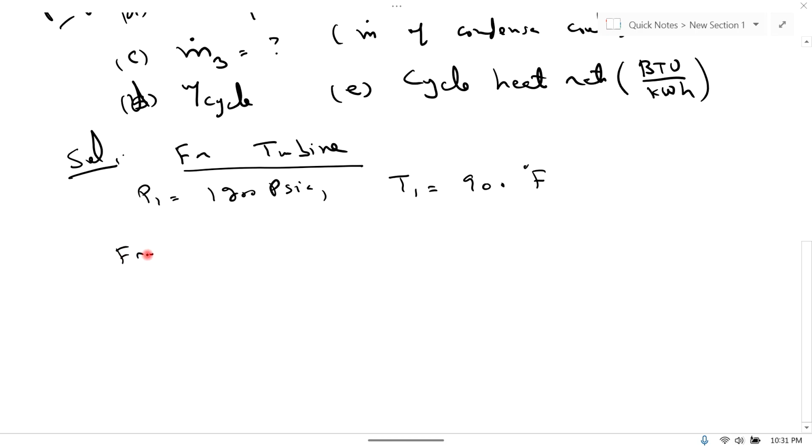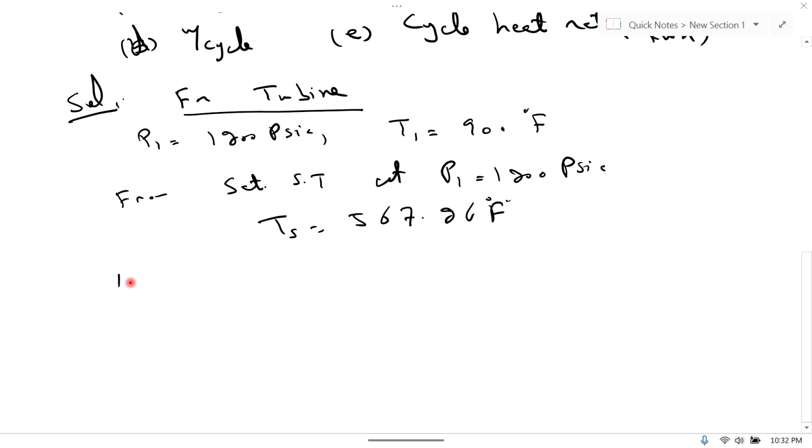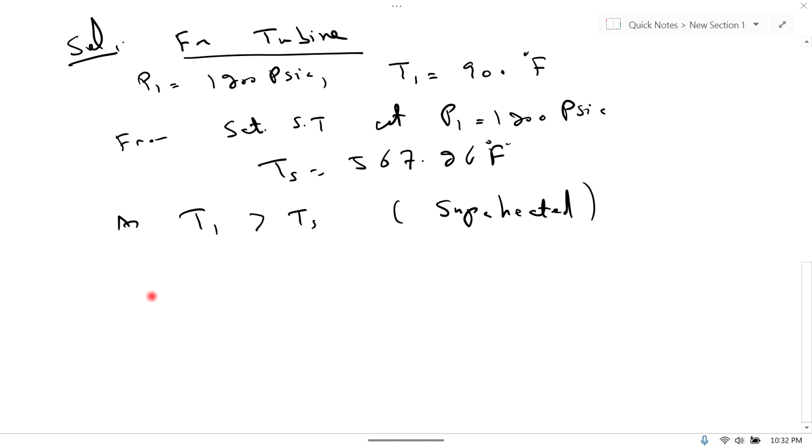So from the saturated steam table, at pressure P1 equal to 1200 psi, saturation temperature is 567.26 degree Fahrenheit, and the temperature given to us is 900, more than this. T1 is greater than Ts. It means that the entrance stream of the boiler is in the superheated region. So we will use the superheated steam table to find H1 and S1.